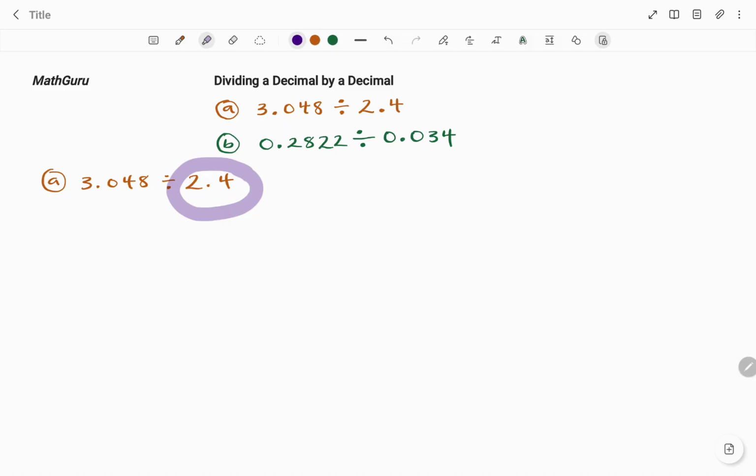If I rewrite my question using the fraction bar, I have 3.048 divided by 2.4. The divisor or the denominator is the number below the fraction bar, and in this example, that is 2.4 or 2 and 4/10.